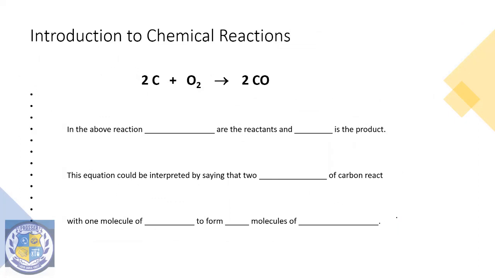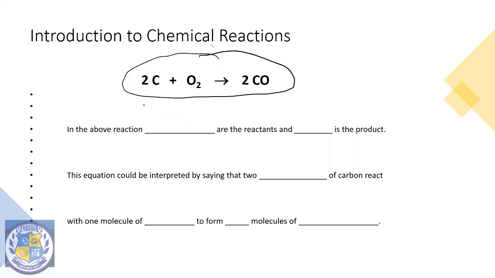Introduction to chemical reactions. So here we have an equation. What we're going to do is take this equation and put it into a sentence. In the above reaction, blank are the reactants. I'm going to use English for all of this.